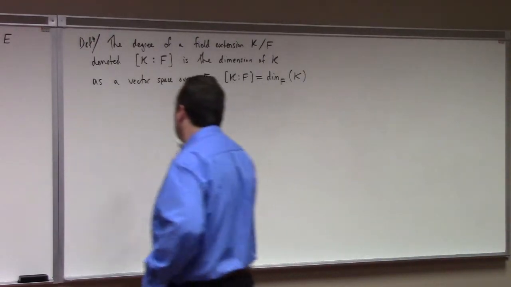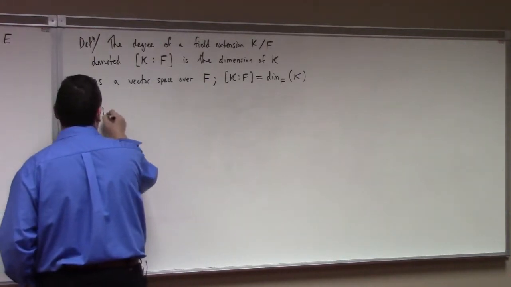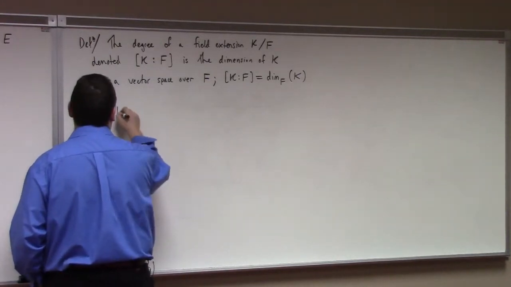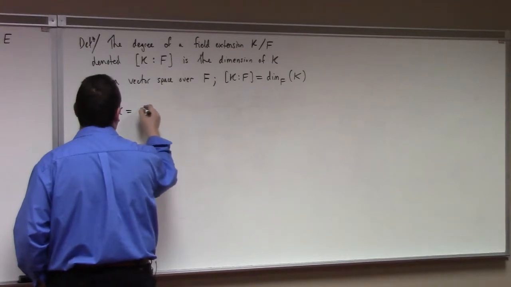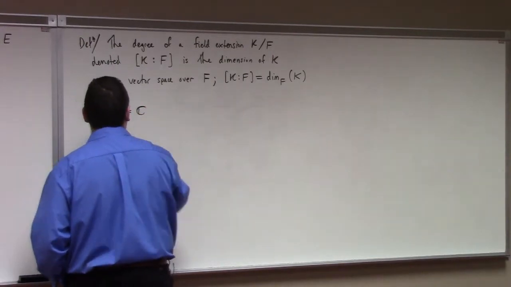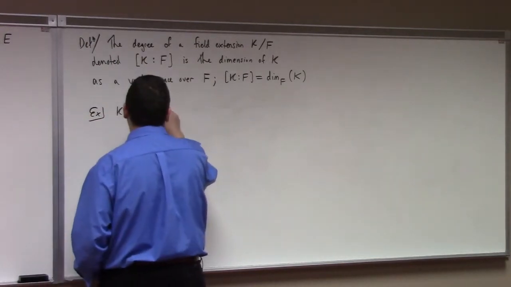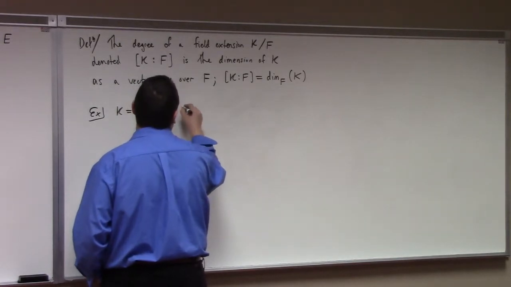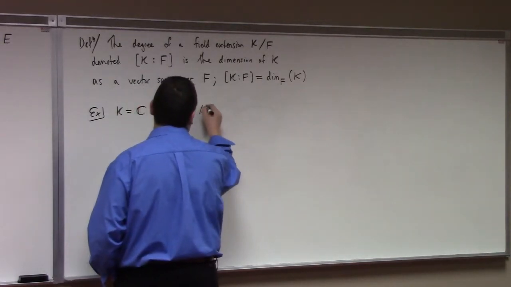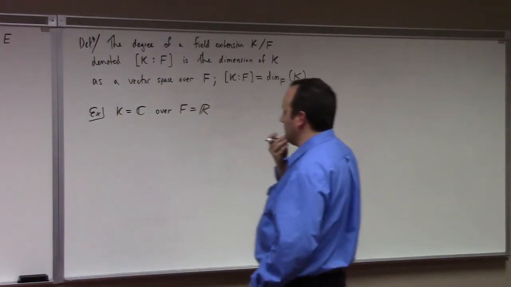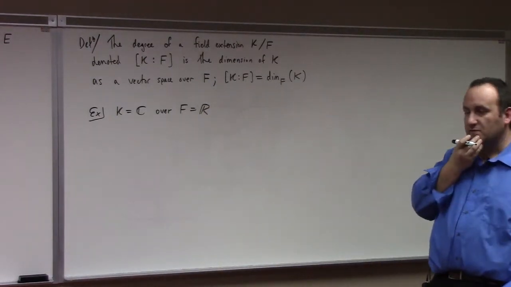So, example, if we take K equal to the complex numbers, then over the reals, right? We can think about complex numbers as being an extension of the real numbers.